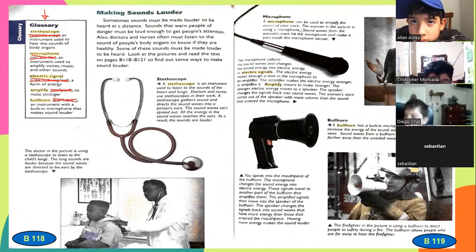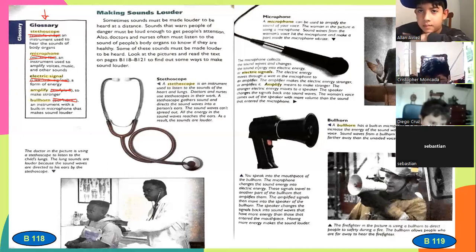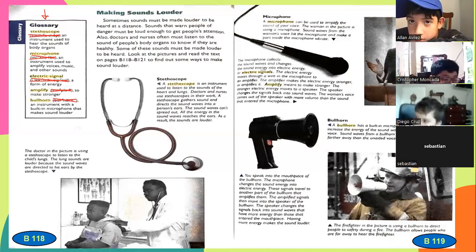A microphone can be used to amplify the sound of your voice. The woman in the picture is using a microphone. Sound waves from the woman's voice hit the microphone and make a part inside the microphone vibrate. The microphone collects the sound waves and changes the sound energy into electric energy or electric signals.